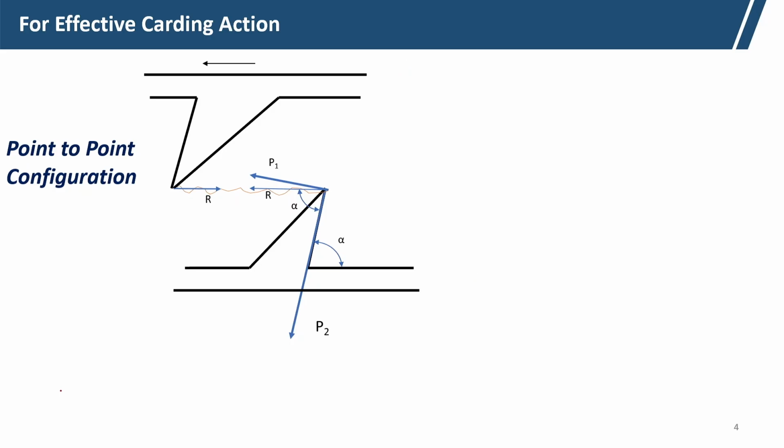So this is one surface and this is surface 2. This is called point to point configuration because the angles of orientation of the wire points are in opposite directions.